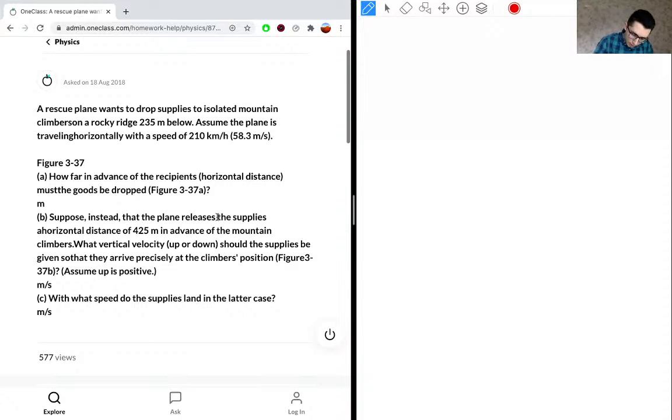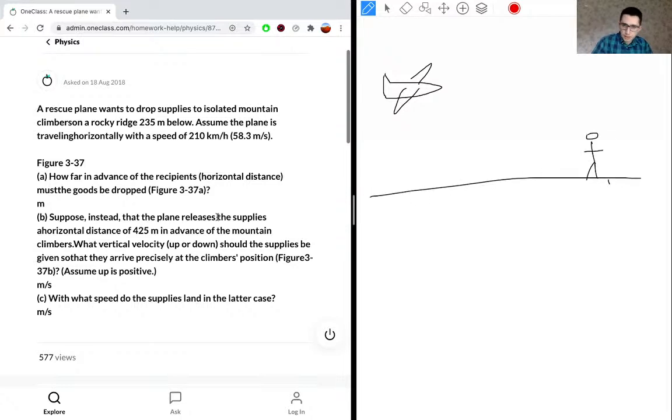So I'll just draw a diagram to represent what we know. So we have a plane. So this is the plane. And we have some person over here. So this is not to scale, obviously. Let's say this is the center point of the plane.